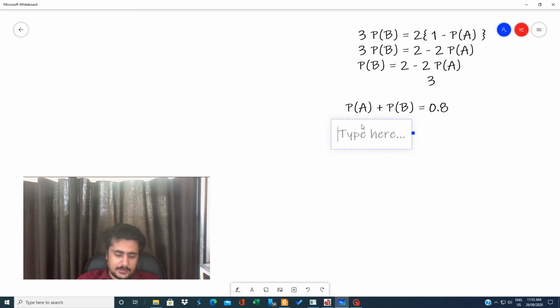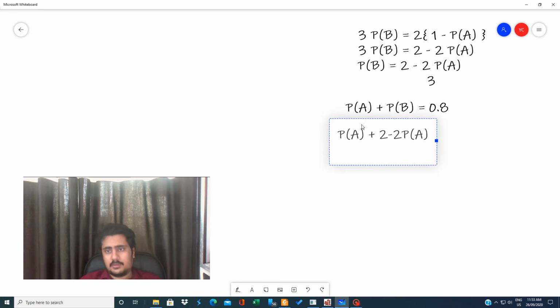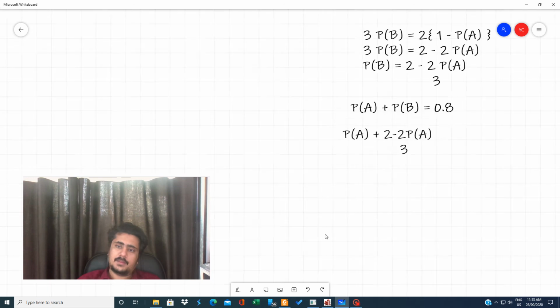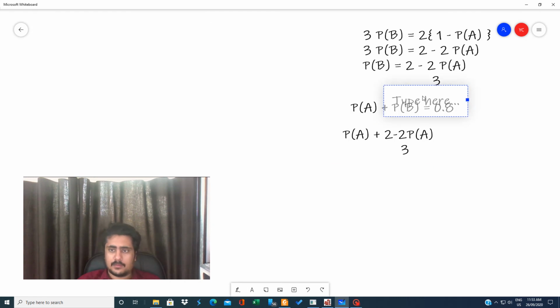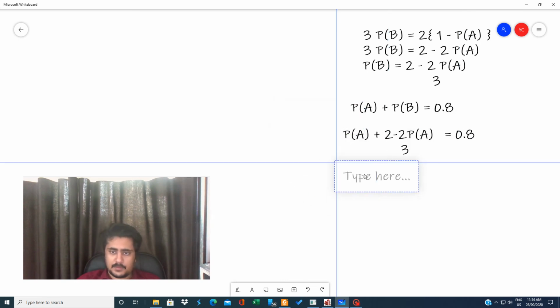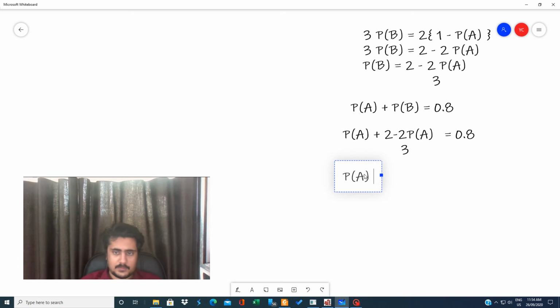Now let us keep P of A plus, and put this equation, that is (2 minus 2P of A) upon 3, equal to 0.8.